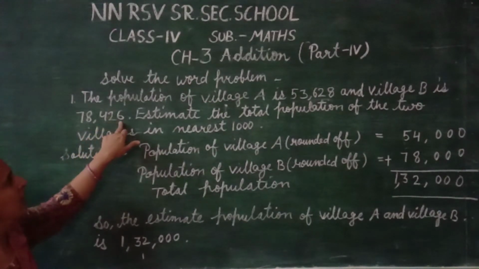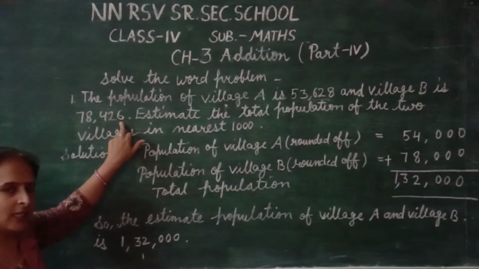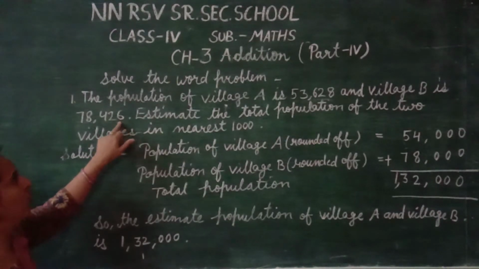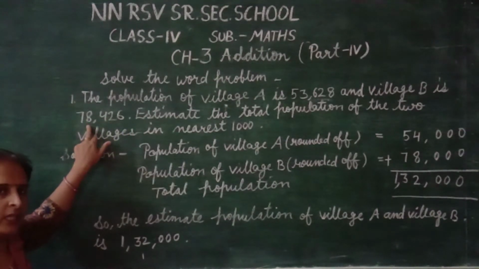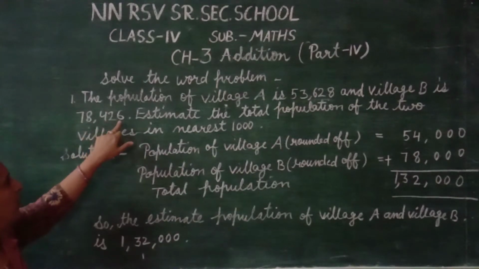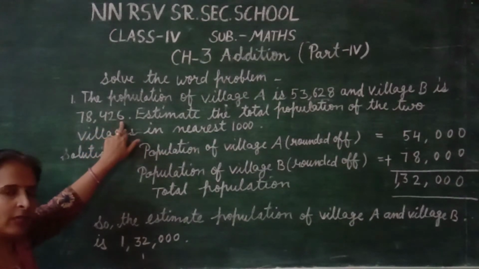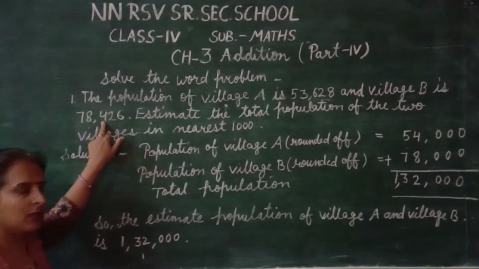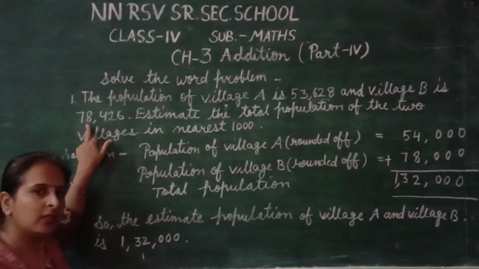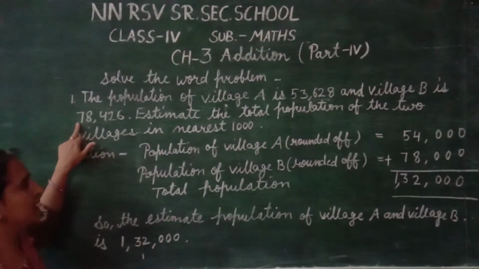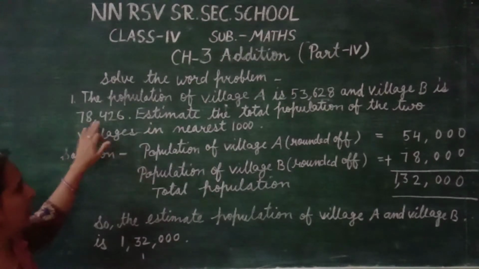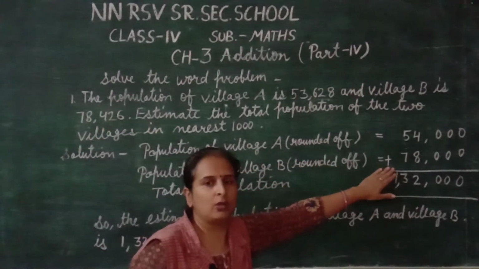It forms 426, and 426 is less than 500. So there is no change in the 1,000 place, and we put zeros in the ones, tens and hundreds places. The remaining digits stay as they are. So the rounded number is 78,000.